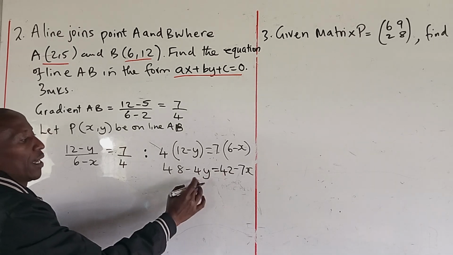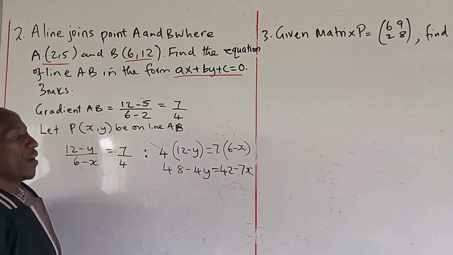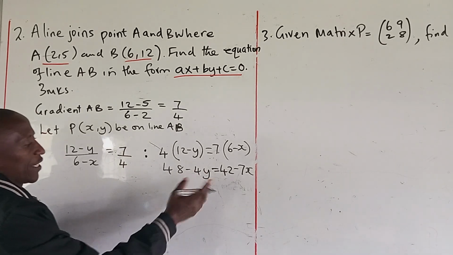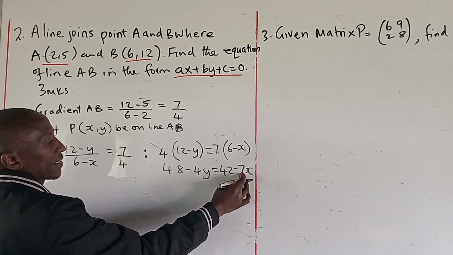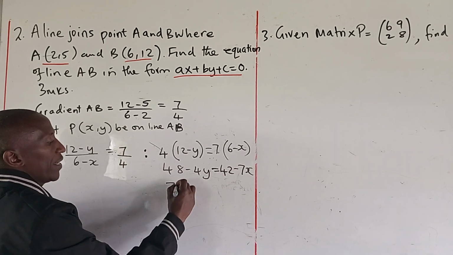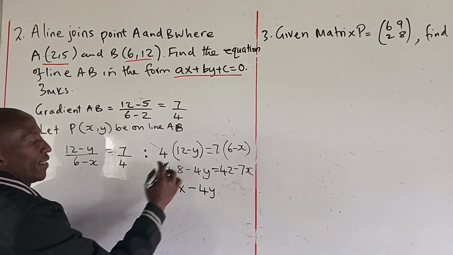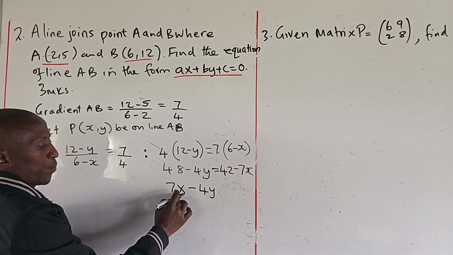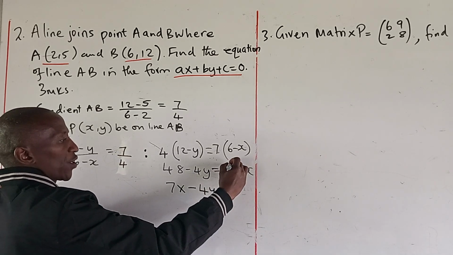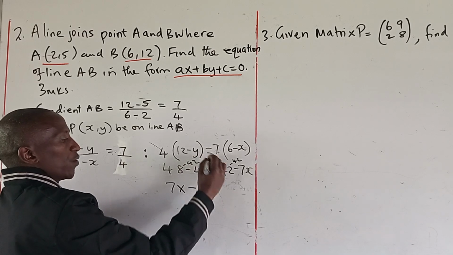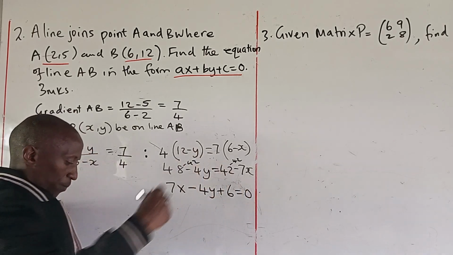We may decide to have the 4y or the 7x start. So we add 7x on both sides so that we get the 7x positive minus 4y. Then we take away 42 from both sides, and we shall have plus 6 is equal to 0.